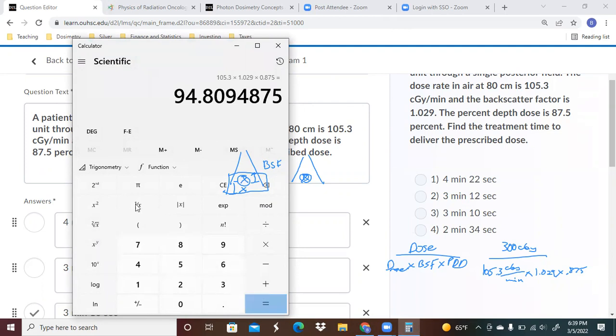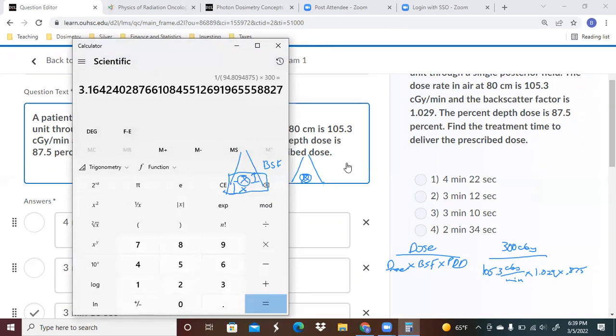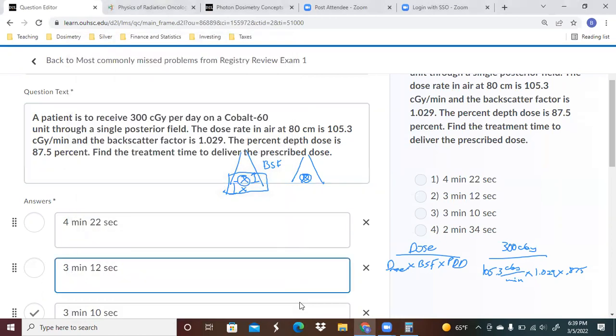I'm going to take the reciprocal of it and then multiply it by 300. And so we come up with 3.16. So this is going to be 3.16 minutes.